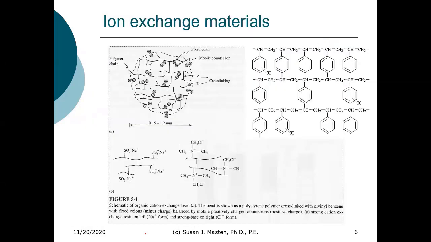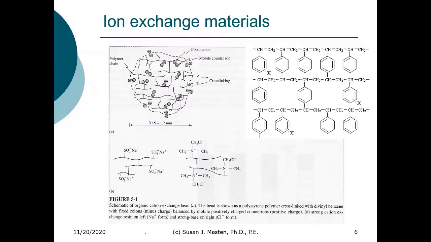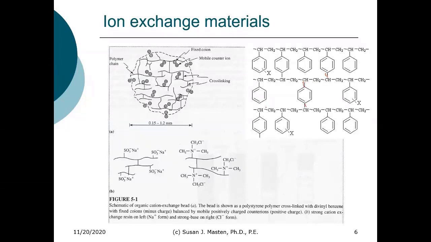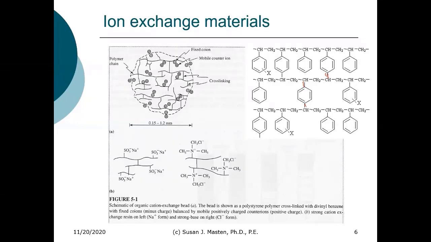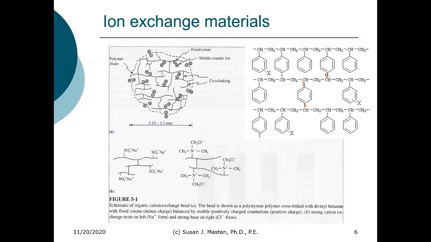You see the polymeric structure here. We often talk about cross-linking, and you can see the cross-linking here. You've got a benzene ring, and then you have multiple carbons associated with the benzene ring. So you've got a carbon-carbon bond here, and this creates the structure that you see here, and this cross-linking.